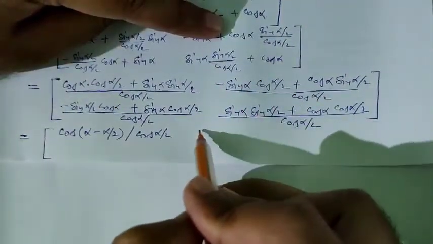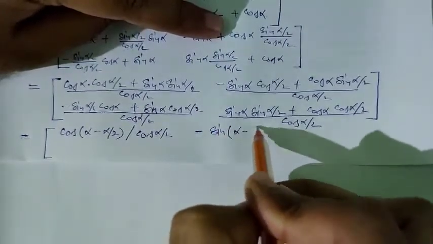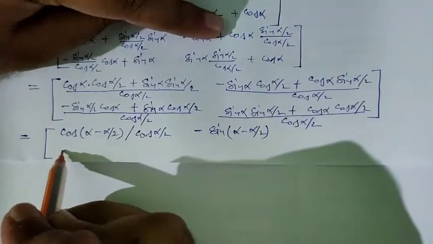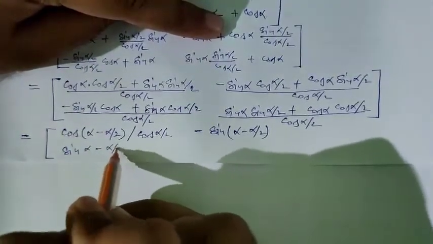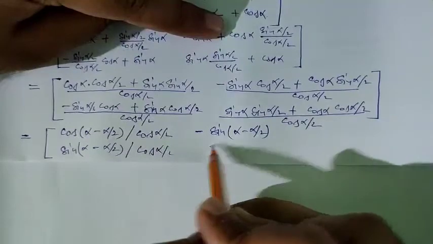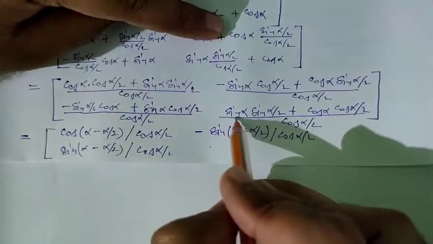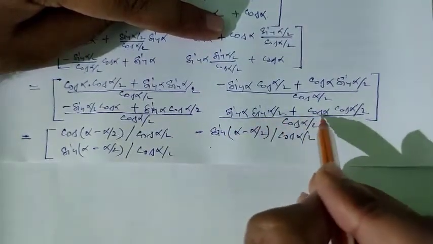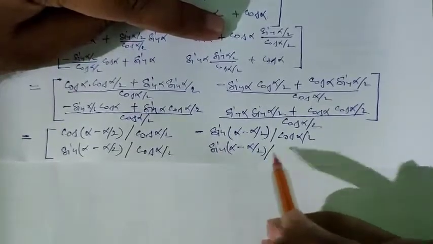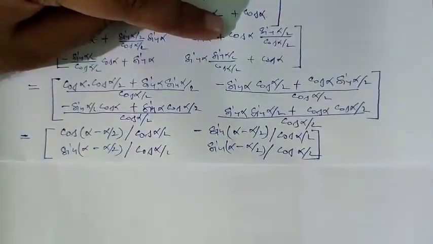Similarly, we can write this also in the same way, minus sine of alpha minus alpha by 2, and this one will be sine of alpha minus alpha by 2 upon cos alpha by 2, and here also in the same way we will have sine alpha cos alpha by 2 minus cos alpha sine alpha by 2 as sine of alpha minus alpha by 2 divided by cos alpha by 2. So we have got this other matrix.